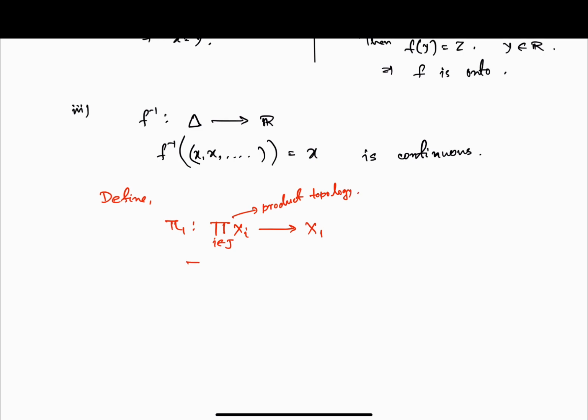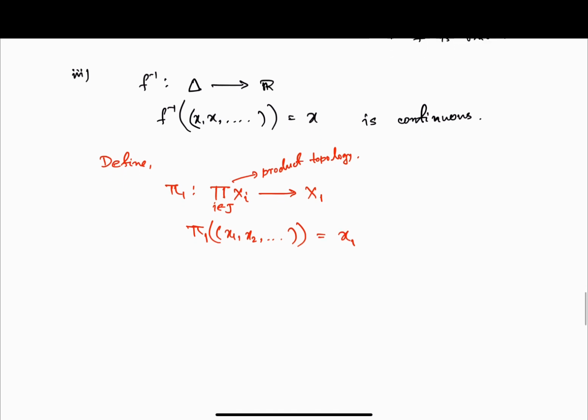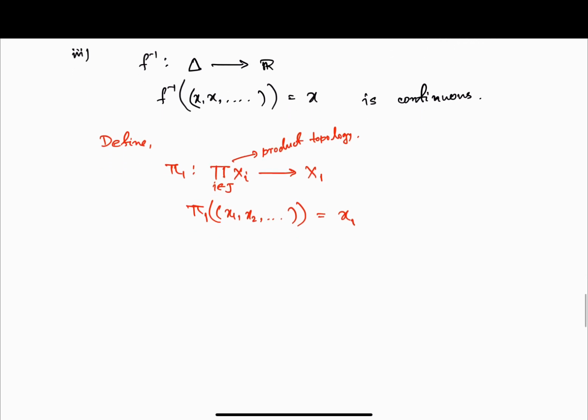Pi 1 of (x1, x2, ...) will only project the first coordinate x1. Then pi 1 is continuous, as each projection is continuous.